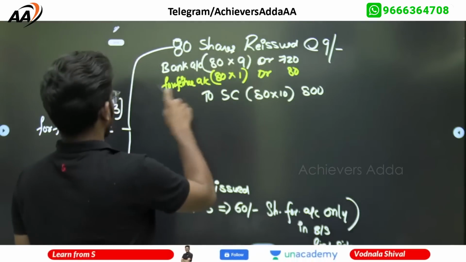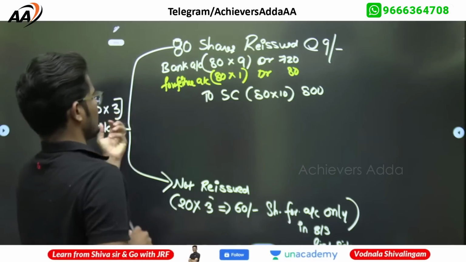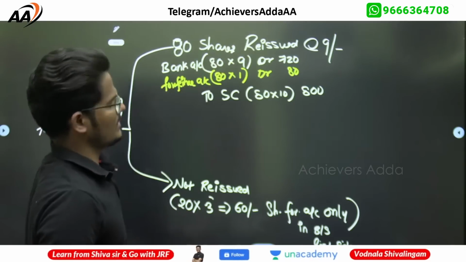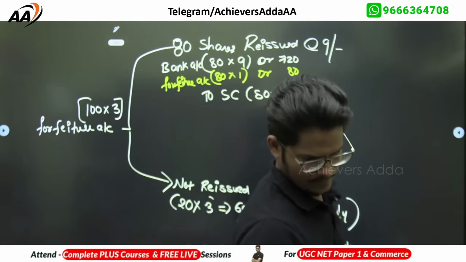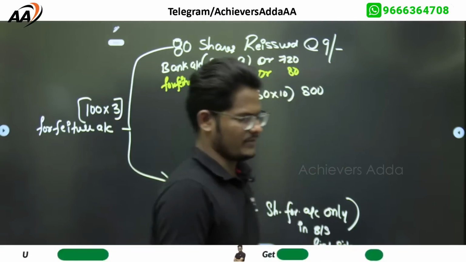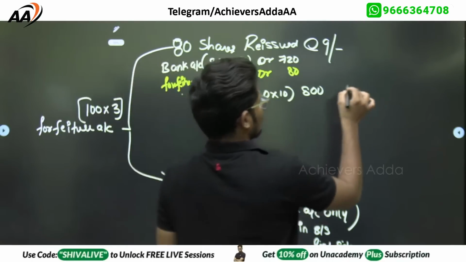You have used this forfeiture account balance for the loss on the reissue. For the loss on the reissue you have issued, in the forfeiture account, 1 rupee got utilized.